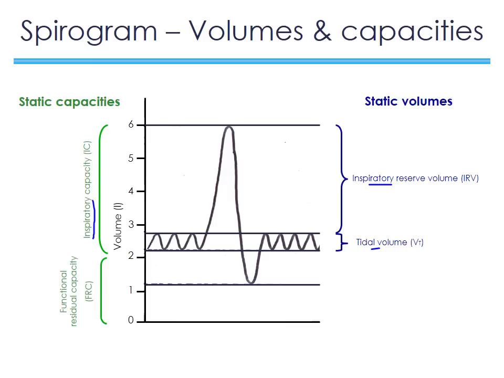The next capacity is called the functional residual capacity, and this capacity is the sum of the expiratory reserve volume and the residual volume. So the functional residual capacity describes the volume of air that's left in your lungs after a quiet exhalation.